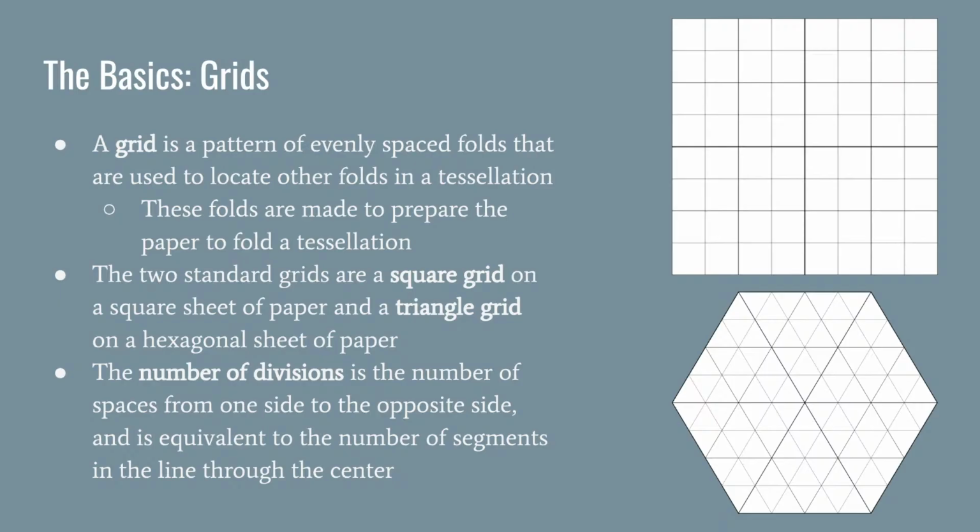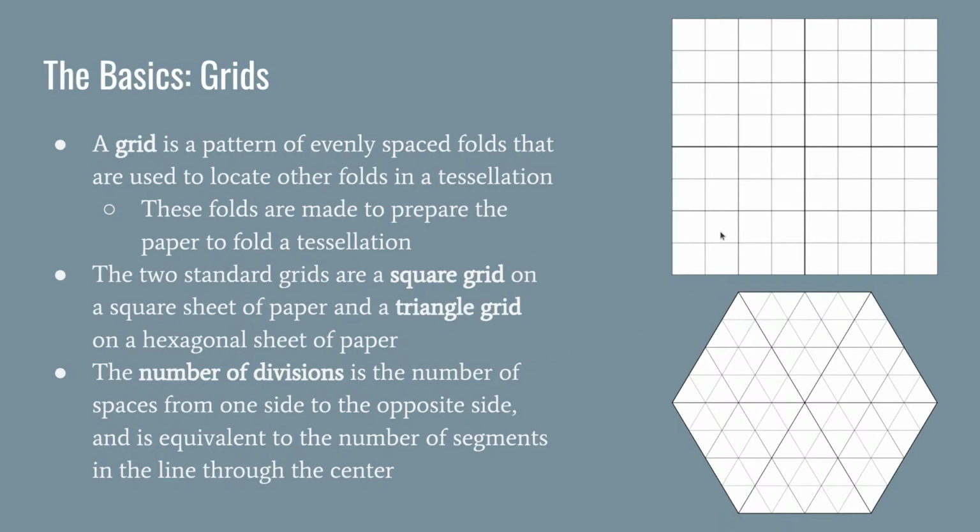Technically speaking, just a grid on a paper would be a tessellation, but when we talk about folding origami tessellations, we're talking about doing more things to the grid so that the folds that are actually folded, not just creased, are the pattern that is the tessellation.